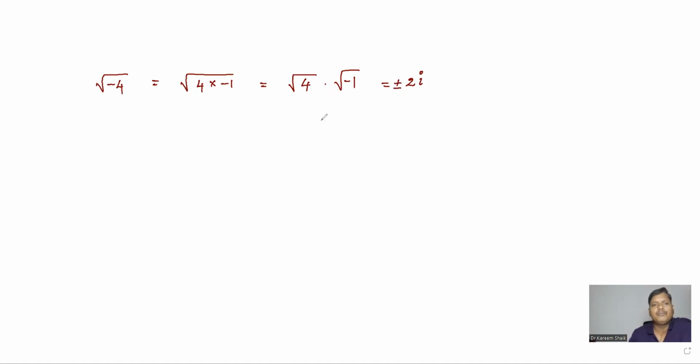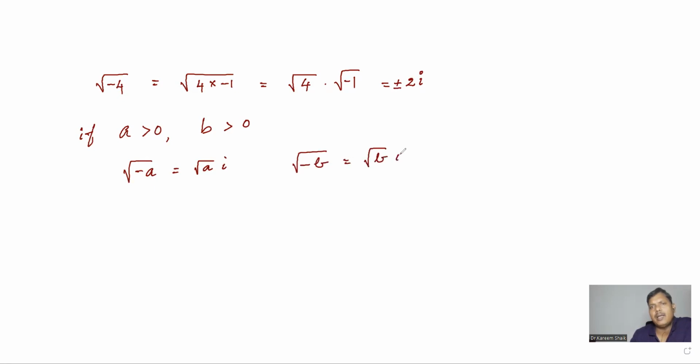Please remember this. Now, what I am going to explain here: suppose a is a positive number and b is also a positive number, then the square root of -a, by using the above property, we can write as square root of a into i. Similarly, the square root of -b can be written as square root of b into i. Now, for example, the square root of negative a, we wish to multiply by the square root of negative b.